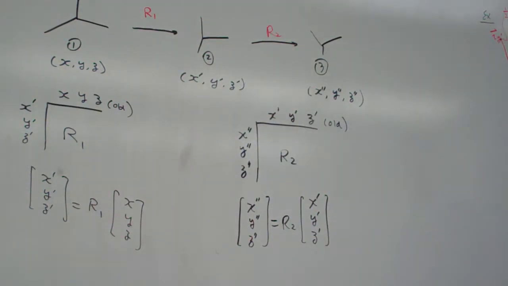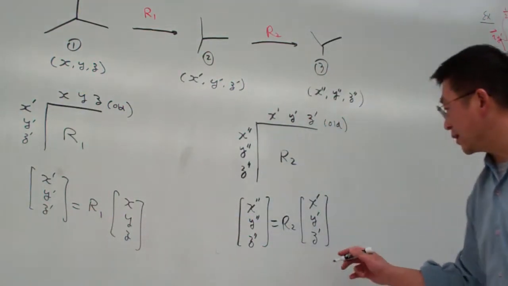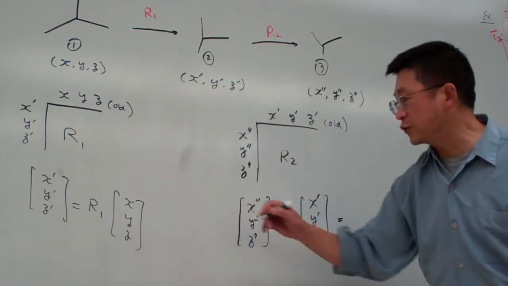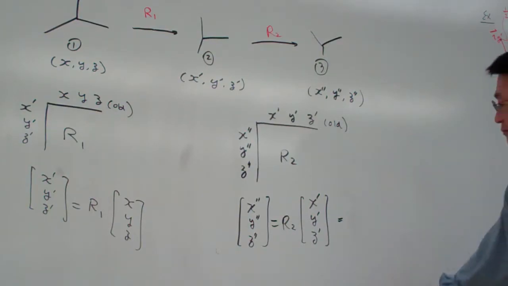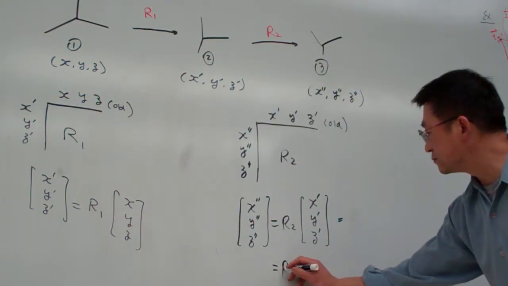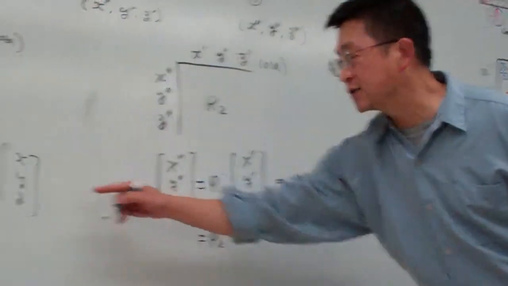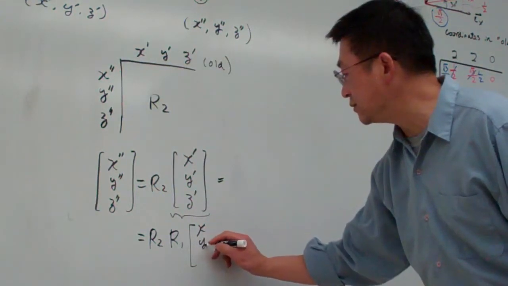Then we can plug in the relation for x prime, y prime, z prime, which is R1. Simply I replace this one by this relation, R1 times x, y, z.